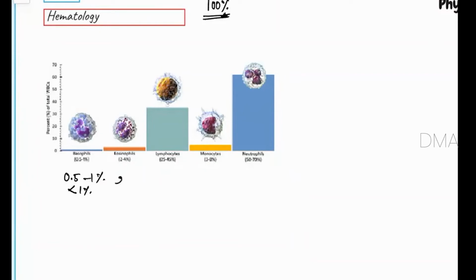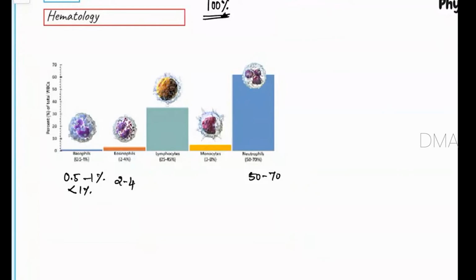Eosinophils are 2 to 4%, whereas neutrophils are nearly 50 to 70%. So the maximum of the white blood cells we see are neutrophils.